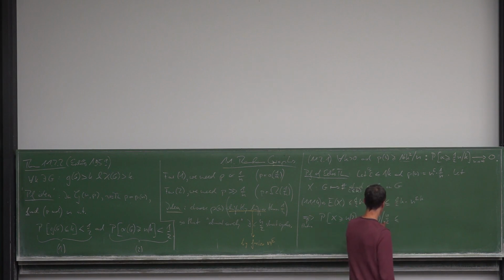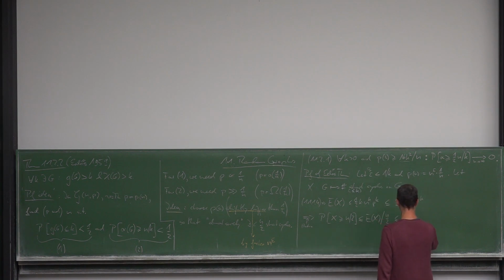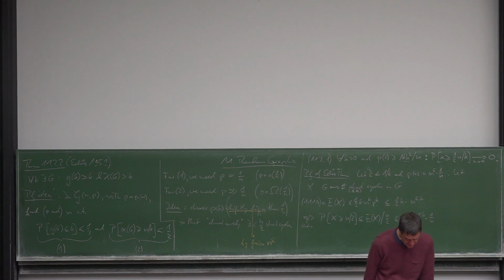That's at most this. So half times this half cancels with this 2. So that's at most k times n to the epsilon k divided by n. Okay, so did I get this right? Yes, I did get this right.